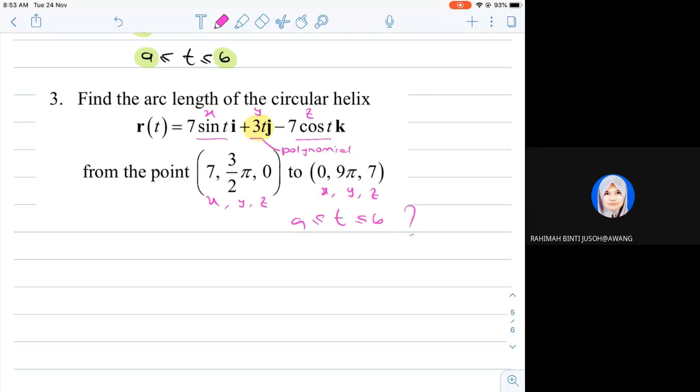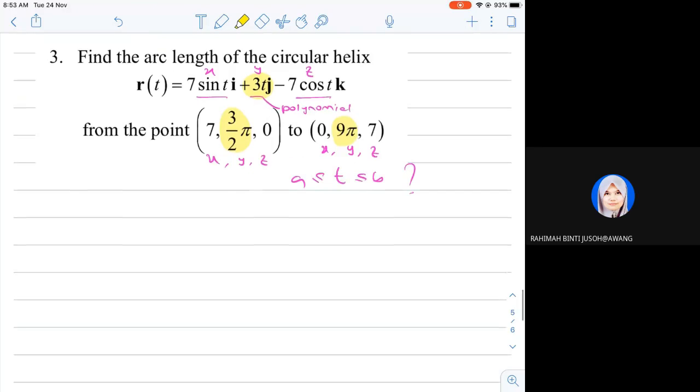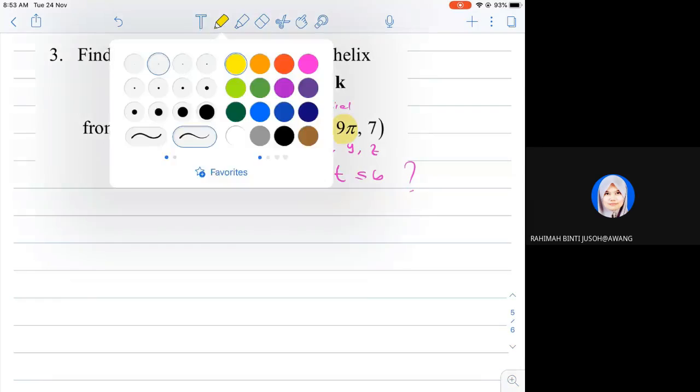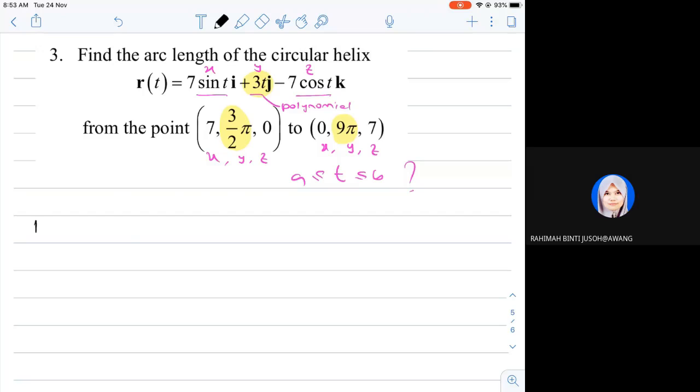So now this is the y component. The starting point y component is 3 pi over 2, and the ending point is 9 pi. So we have to consider these two coordinates. Let us do the solution from the point 7, 3 pi over 2 and 0.